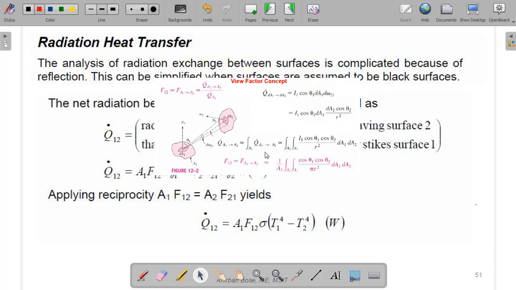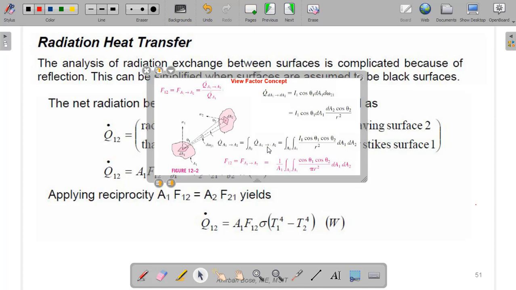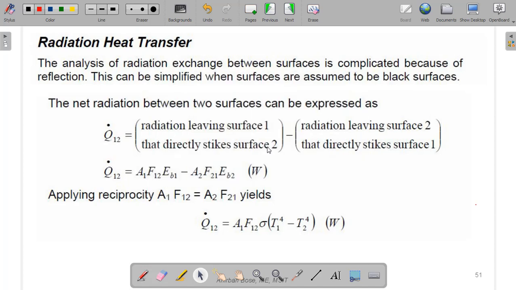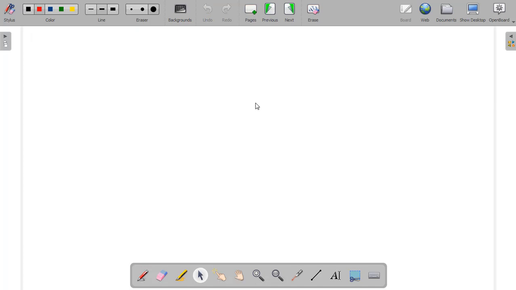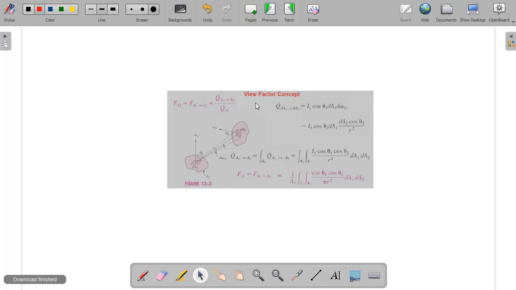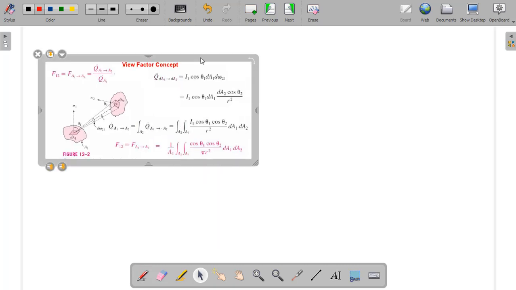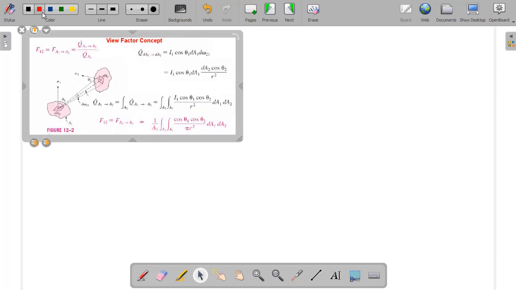Okay, so let us copy this one and paste it in a new page, so that it will help us for reference.